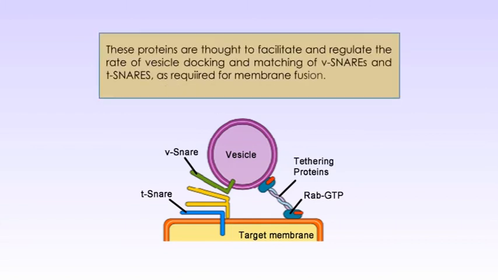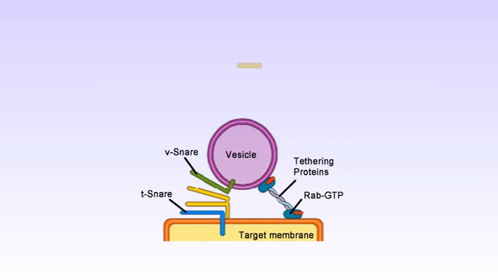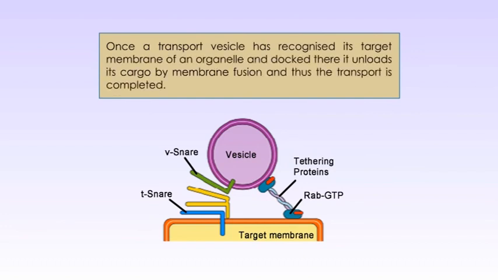These proteins are thought to facilitate and regulate the rate of vesicle docking and matching of V-SNAREs and T-SNAREs as required for membrane fusion. Once a transport vesicle has recognized its target membrane of an organelle and docked there, it unloads its cargo by membrane fusion, and thus the transport is completed.